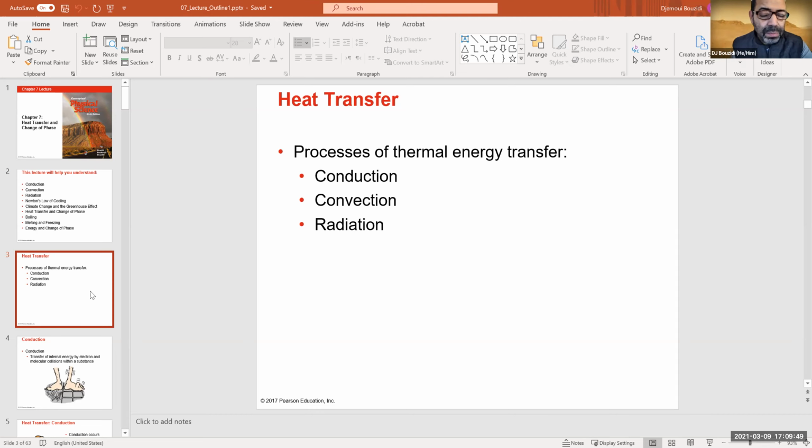There is another process by which heat is transferred, called convection. Convection, for example in this case: the air that is touching this ice is going to move because now it's colder, so it's denser. So it's going to move and it's replaced by the air that is lighter, because that is how the process works.